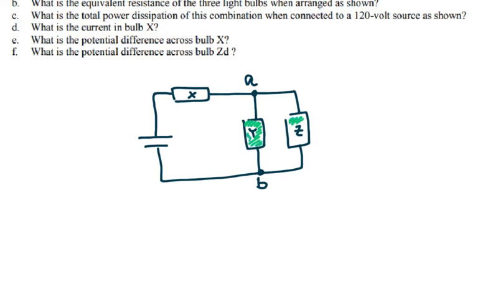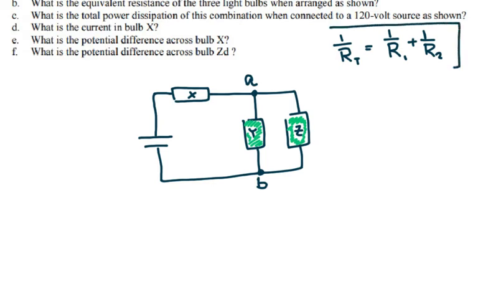To calculate the total resistance of a parallel connection, I can use this formula: 1 over R total equals 1 over R1 plus 1 over R2. If there were more than 2 in parallel, you would add 1 over R3 and so on.